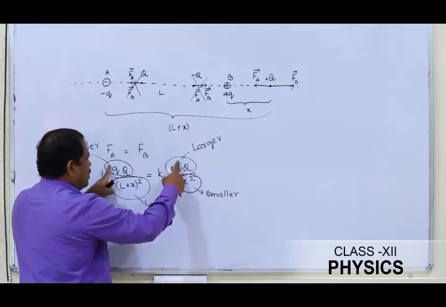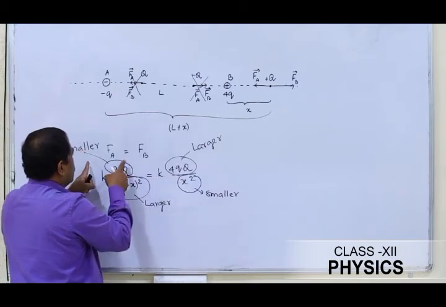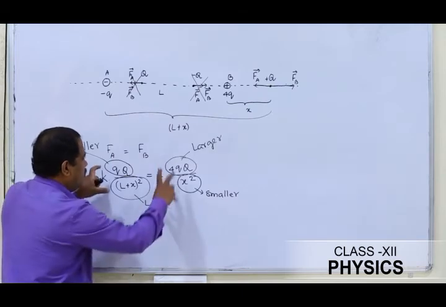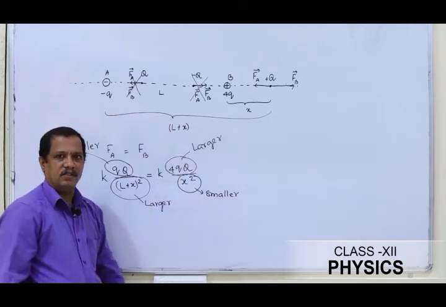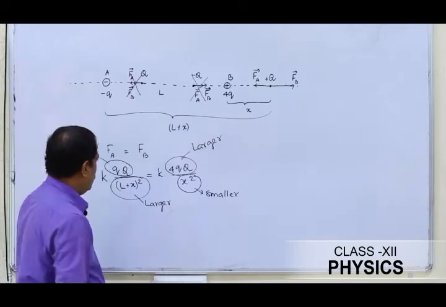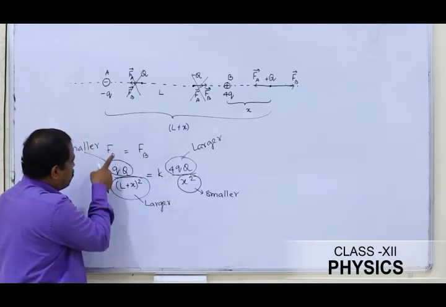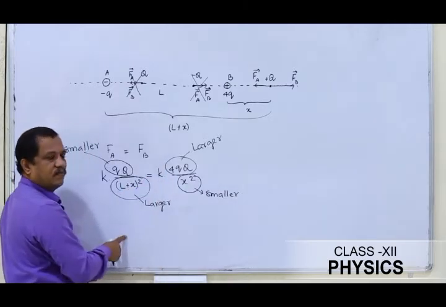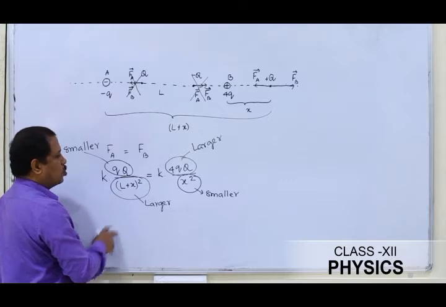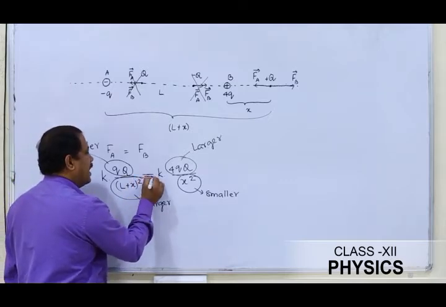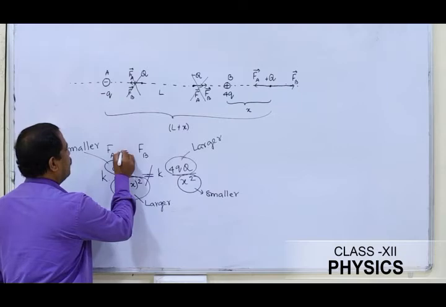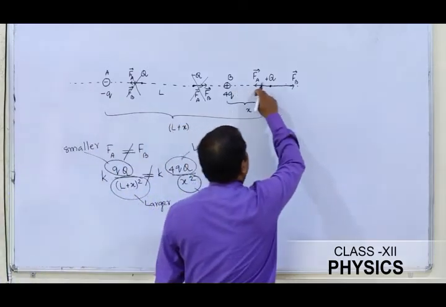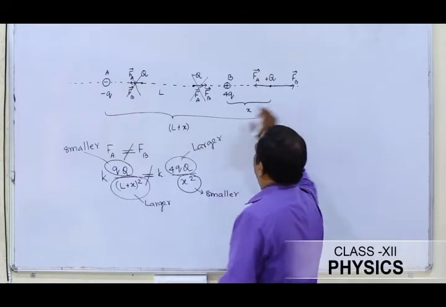If I compare the numerators, the numerator on the left is smaller and on the right it is larger. For the two expressions LHS and RHS to be equal, if the denominator is larger, the numerator must be larger. Only then will this ratio equal that ratio. But the case is not so. Therefore, Fa can never be equal to Fb anywhere on the right side of B.